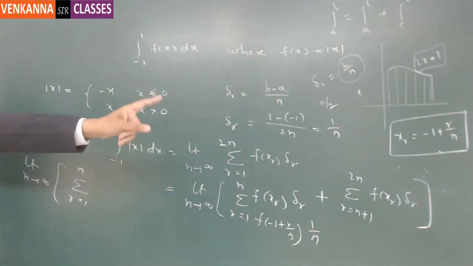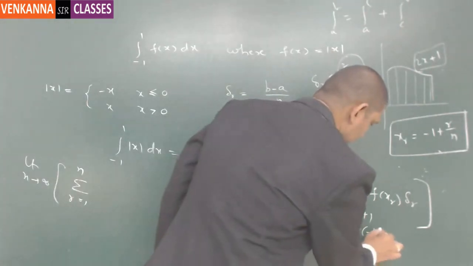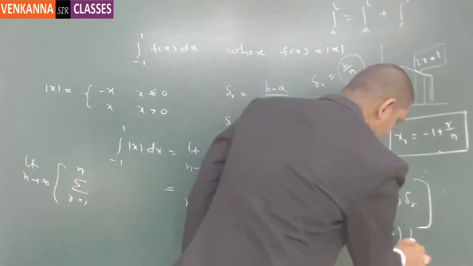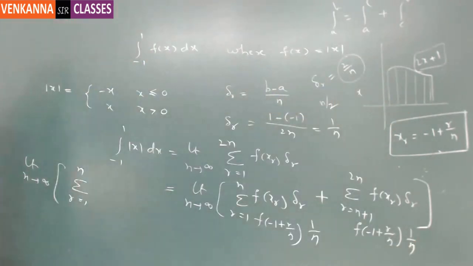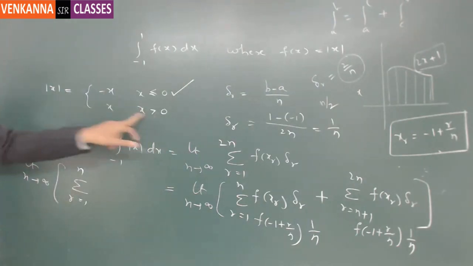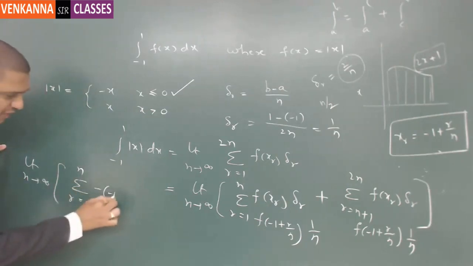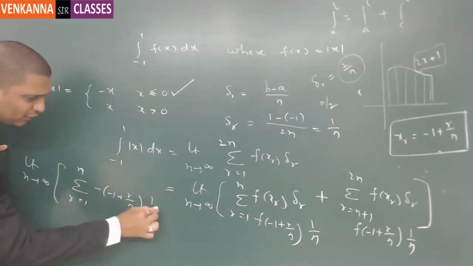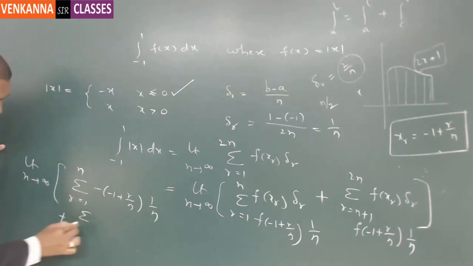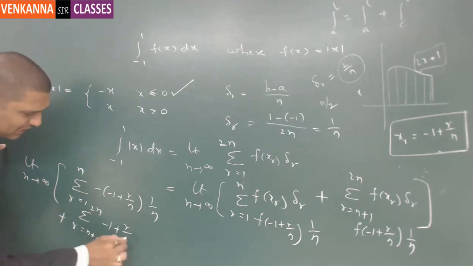There also we have the same property. And how is the function defined? For the first n parts, it is minus x. For the other, it is x. So it is going to vary as summation r is equal to 1 to n minus of minus 1 plus r by n into 1 by n plus summation r is equal to n plus 1 to 2n minus 1 plus r by n into 1 by n.